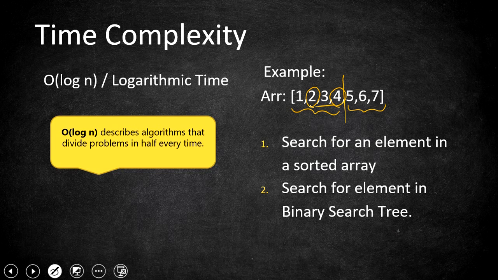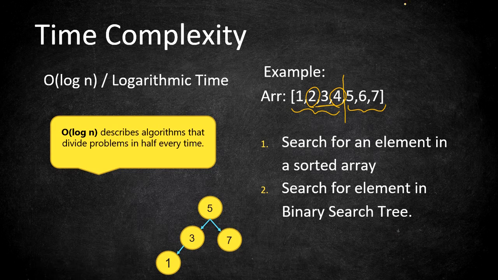Now look at the second problem statement, that is search for an element in a binary search tree. As we all know, a binary search tree has the arrangement that all the left children have lesser values and all the right children have higher values. So if you want to look for the value 3 in your binary search tree, you check the root element, and if the root element has a higher value, then you fix your search towards the left side.